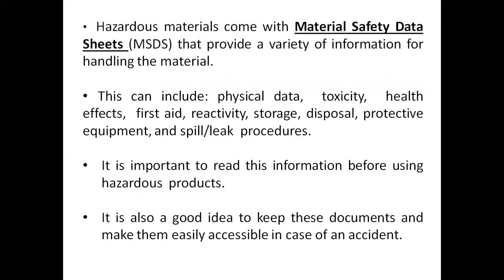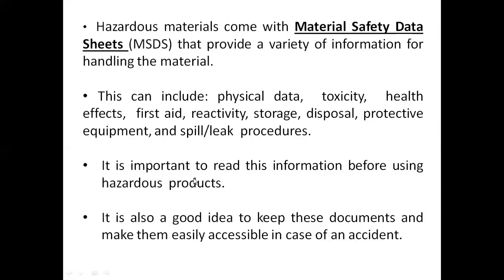So whenever you are confused about whether a component or material is dangerous for the environment as well as the people working around, you should refer to the material safety data sheet. This can include physical data, toxicity, health effects, first aid, reactivity, storage, disposal, protective equipment, and spill or leak procedures.